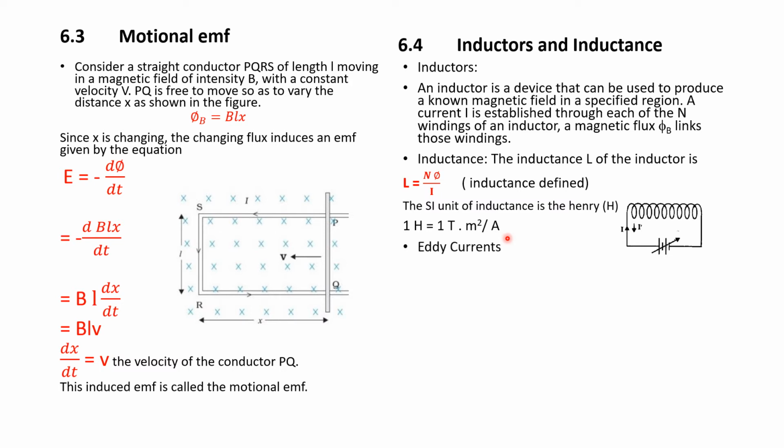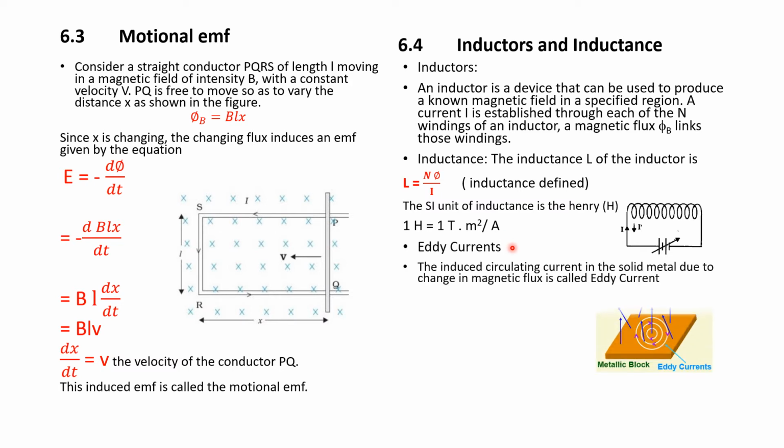Eddy currents. The induced circulating current in a solid metal due to a change in magnetic flux is called eddy current. See, there is a metallic block. If an EMF is induced in this solid block, circulating currents are produced within the solid block itself.